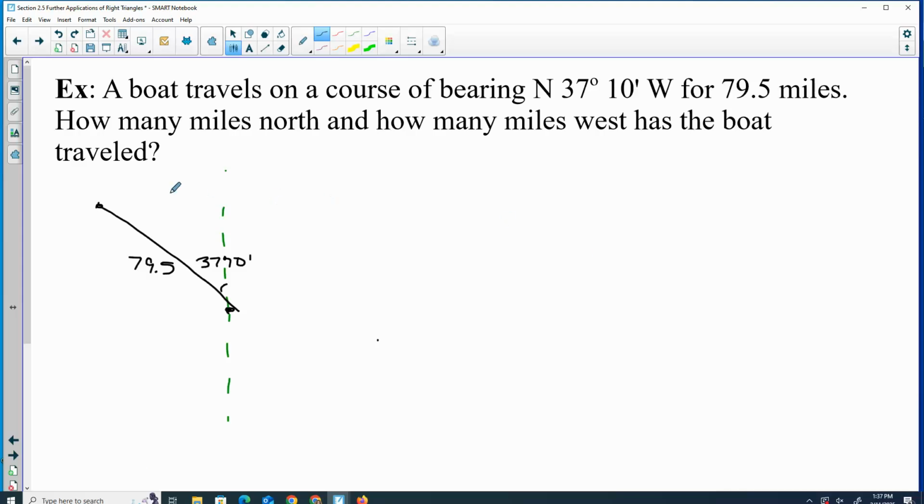So we form a triangle. I think the easiest one is to take this straight across. This would be my miles north. My miles west, so we just have to do 2 trig functions in order to get it.